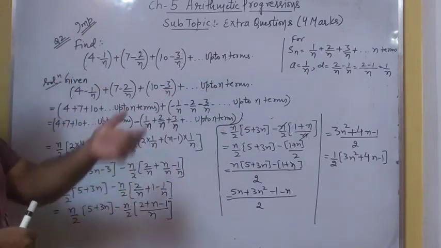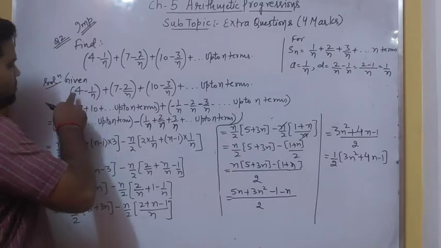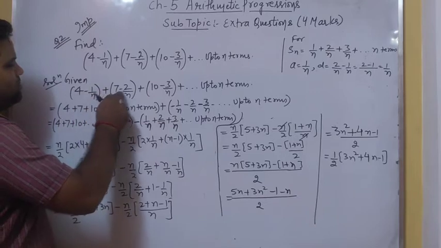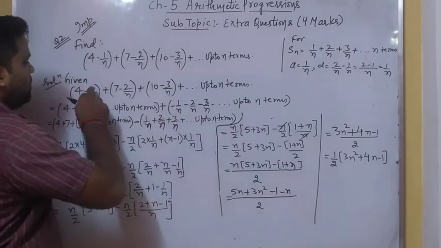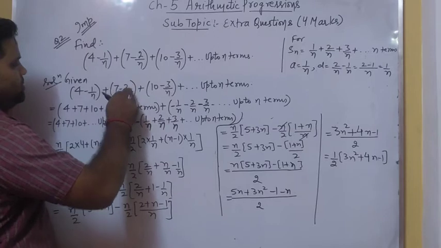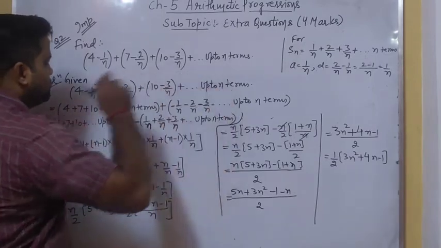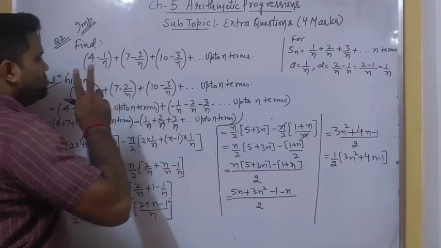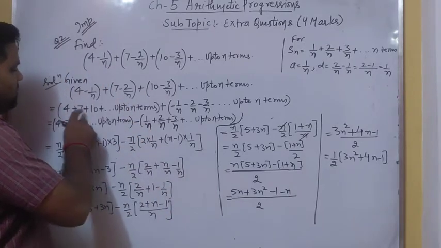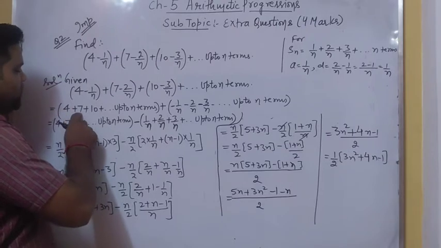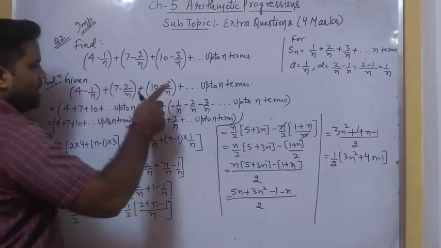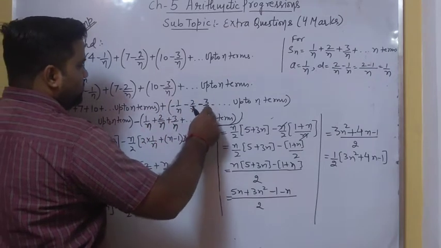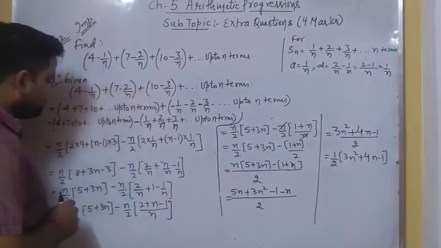Here in this series we can see that this series starts with 4, then 7, 10 up to n terms, and there is another part, minus 1 by n, minus 2 by n, minus 3 by n up to n terms. So we can write our given sum of series as the sum of the series 4 plus 7 plus 10 up to n terms, and the sum of the series minus 1 by n, minus 2 by n, minus 3 by n up to n terms.